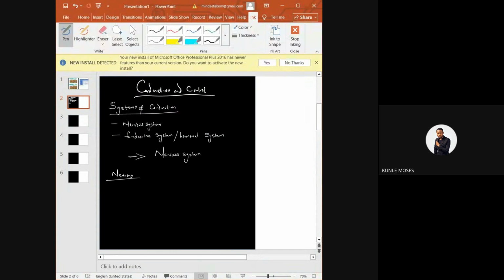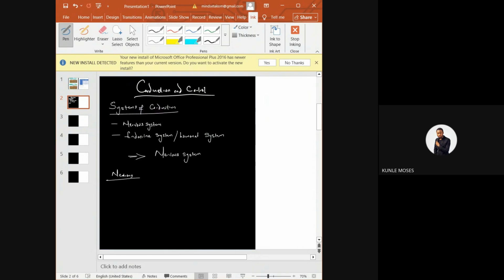You remember when I was talking about the nervous system, I said the nervous system is made up of specialized cells called the neurons. We also call the neurons the nerve cells. What the nerve cells or the neurons do is that they help to receive, they help to process and to send electrical messages in the body.